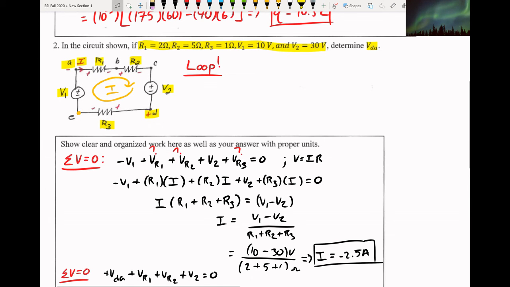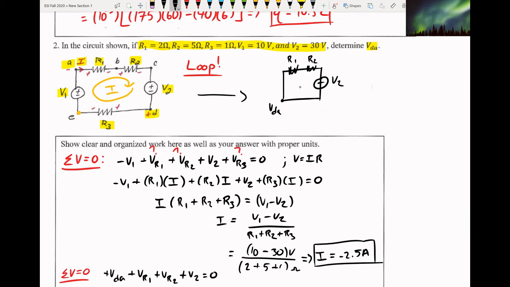All we did is we made our new circuit with VDA, R1, R2, V2.